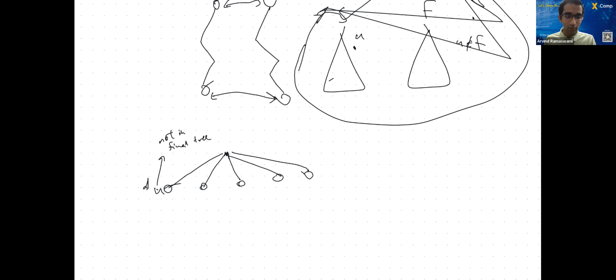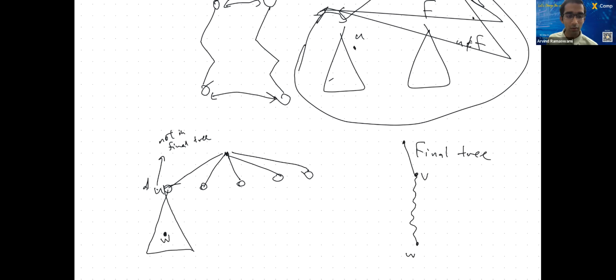Case one, if U has a descendant W that is in the final tree, so let's just say this is the final tree, and then W is a descendant of some node V at the same depth as U, then that means we need to merge U with V. So this is case one.